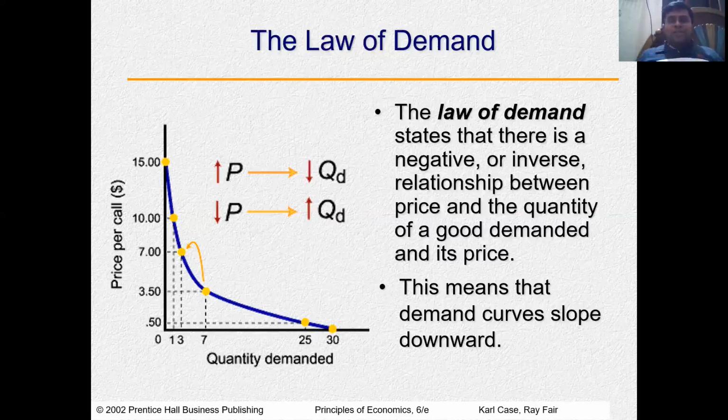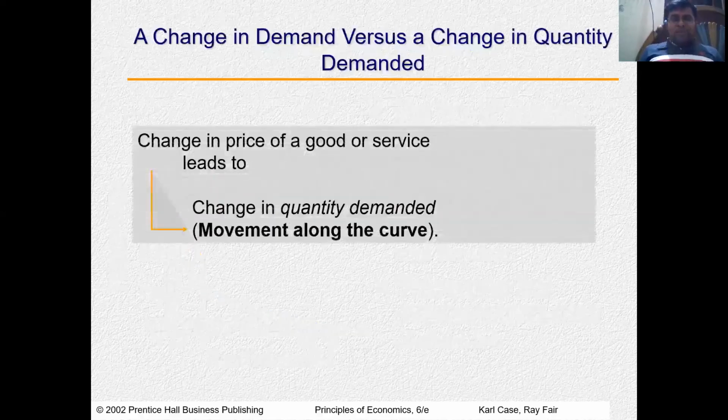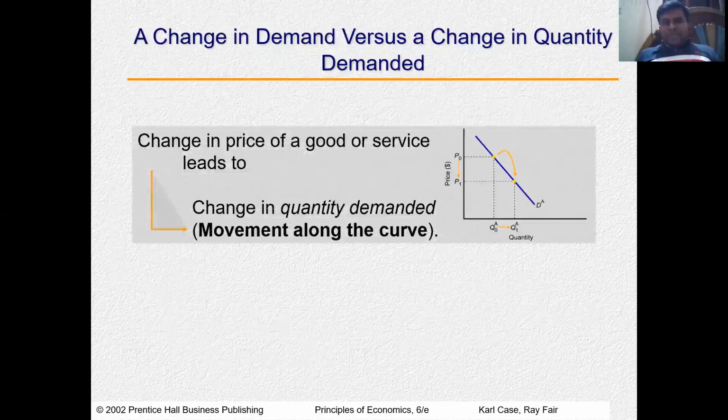This is called extension in demand. Looking at the same explanation again, when the price goes down from P0 to P1, the quantity demanded increases from Q0 to Q1, but remaining on the same demand curve, we move rightward, and this is called extension in quantity demanded.